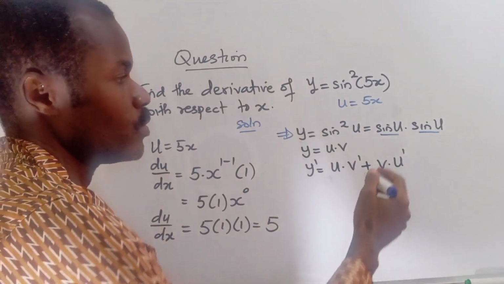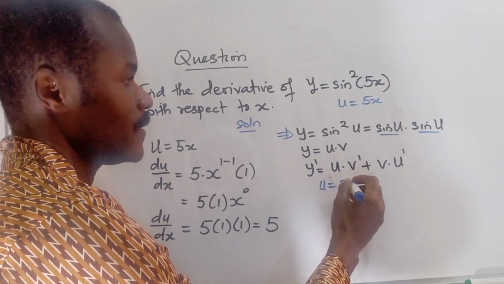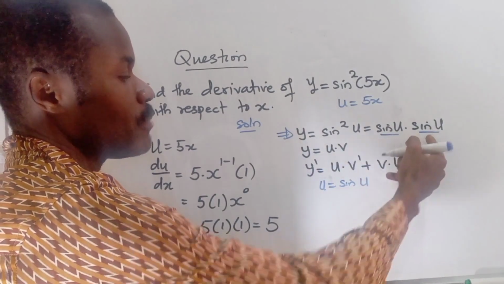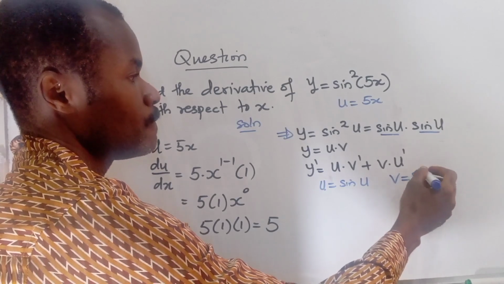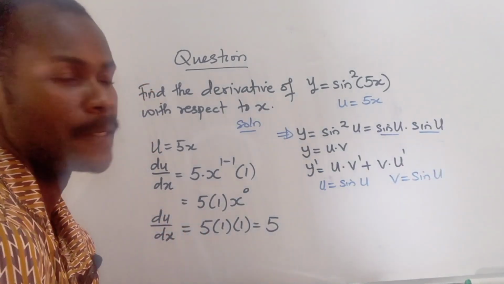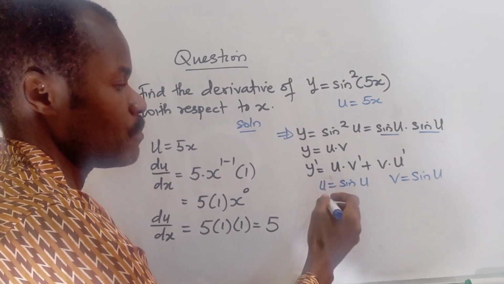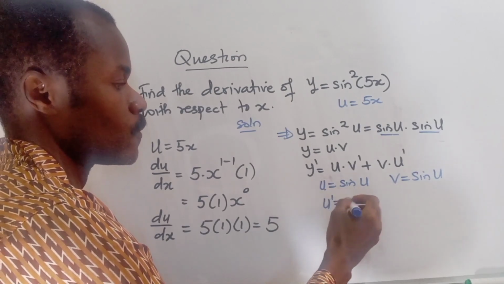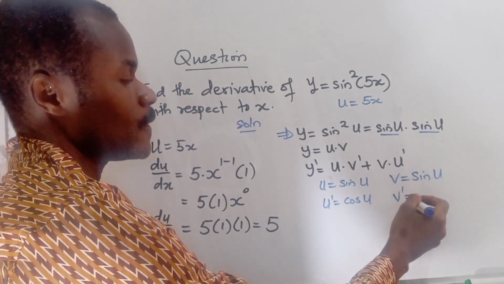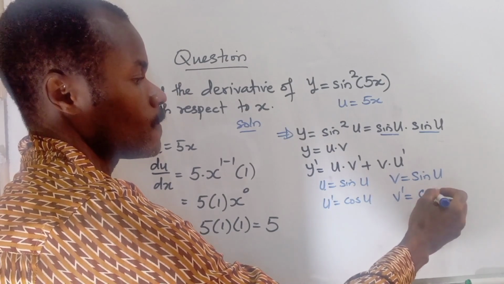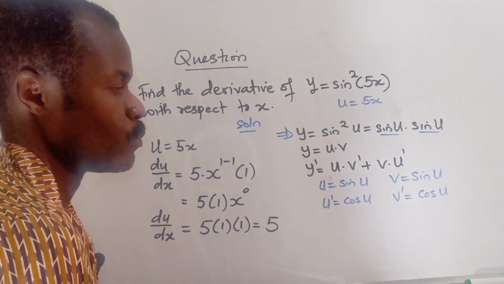Now the first thing is I want to label my u as equal to sine u, and my v as equal to sine u. So what is my u prime? My u prime here is equal to cos u, and my v prime here is equal to cos u.